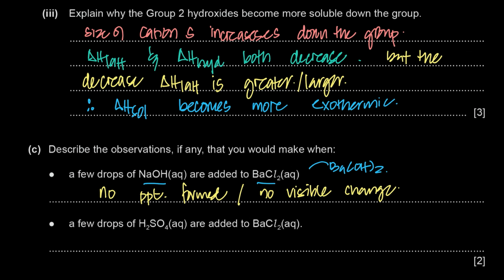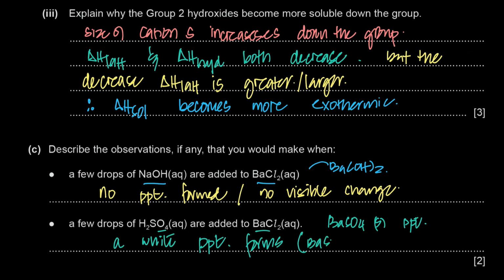But when you add sulfuric acid to barium chloride, it forms barium sulfate, which is a solid, which is a precipitate. So when you add this, you'll say a white precipitate forms, of barium sulfate, if you like to write it. But that's what happens.